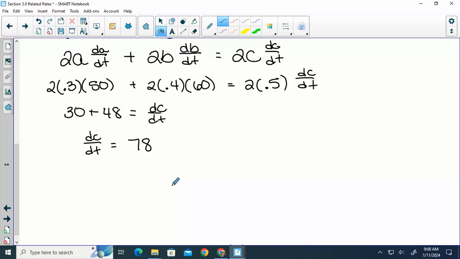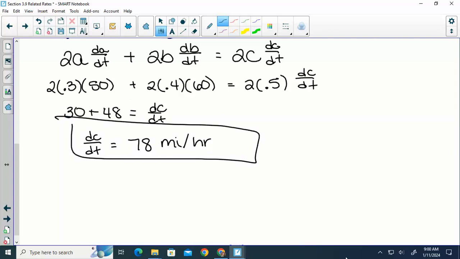What would my units be? C is a distance in miles per, t was time, so hour. So they're approaching each other at 78 miles per hour.